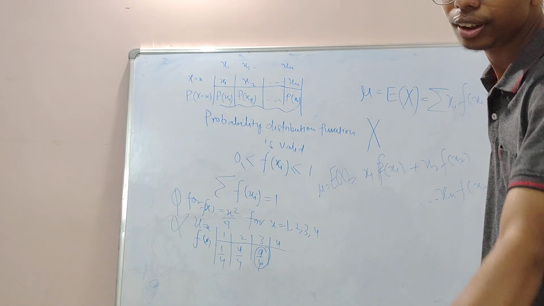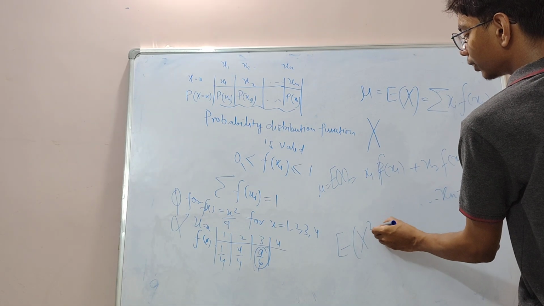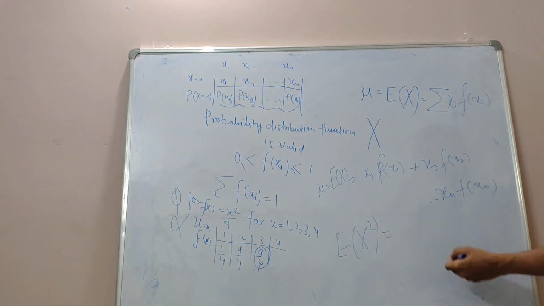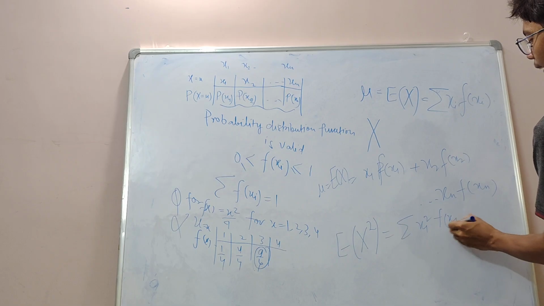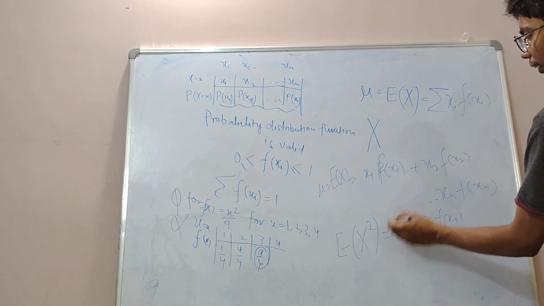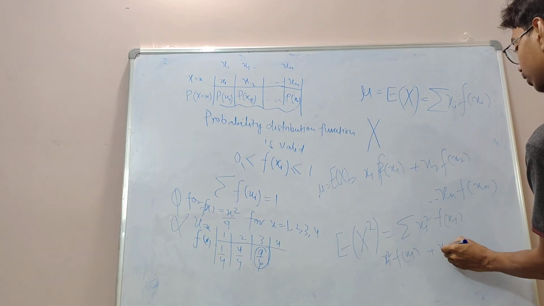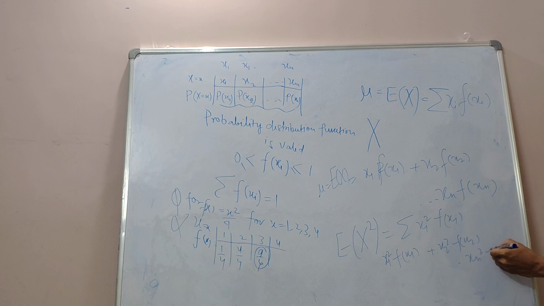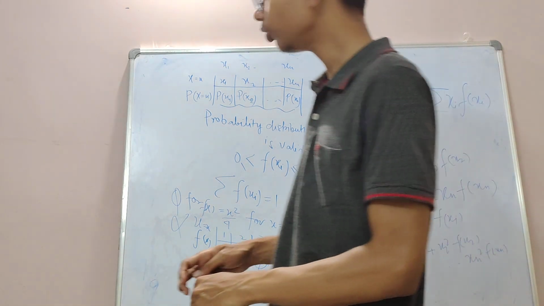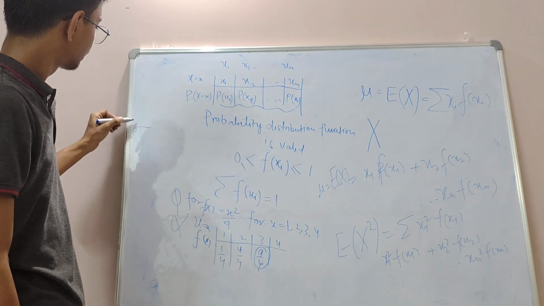And then I have E of X square, if it is the square of the random discrete variable. This will be written as summation of xi square f(xi), that is x1 square f(x1) plus x2 square f(x2) up to xn square f(xn), right? And now what is my variance? My variance is sigma square.